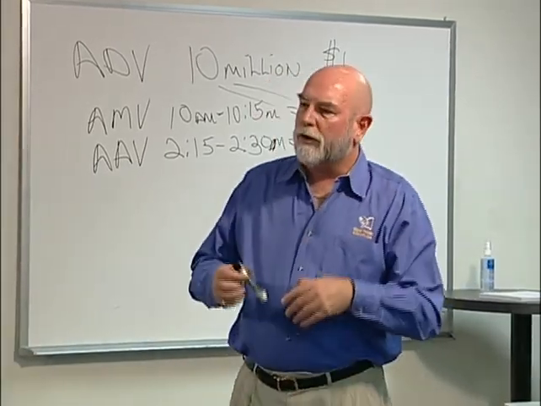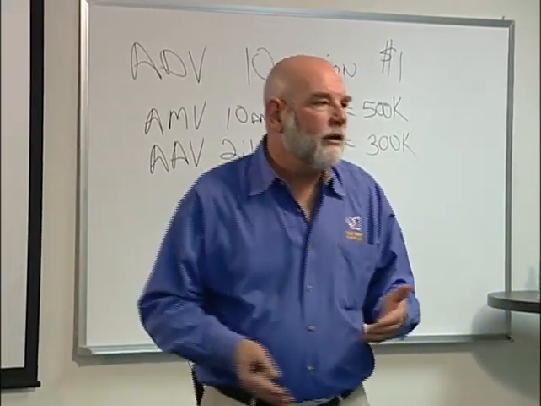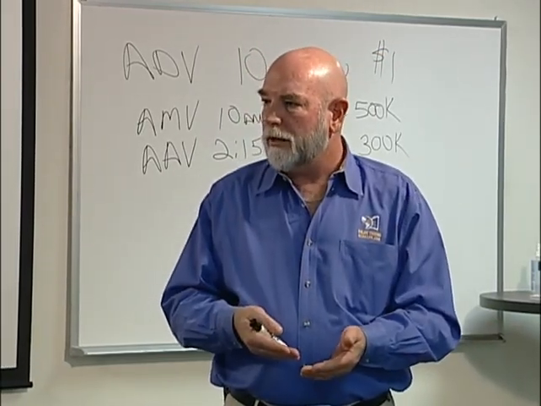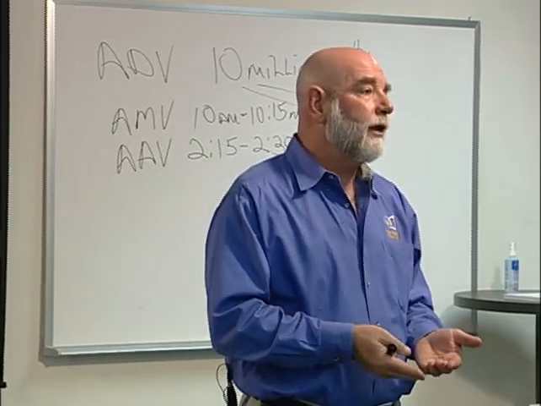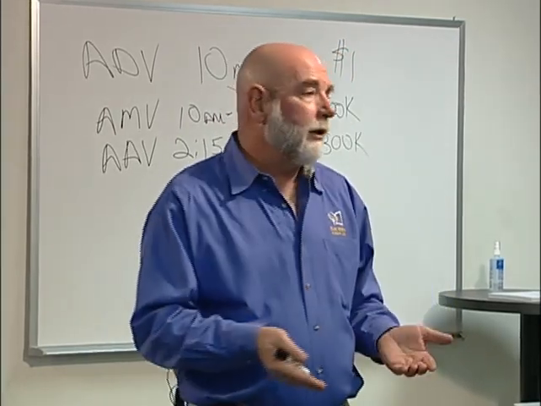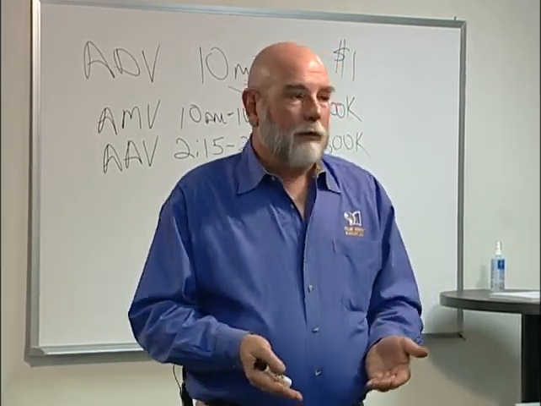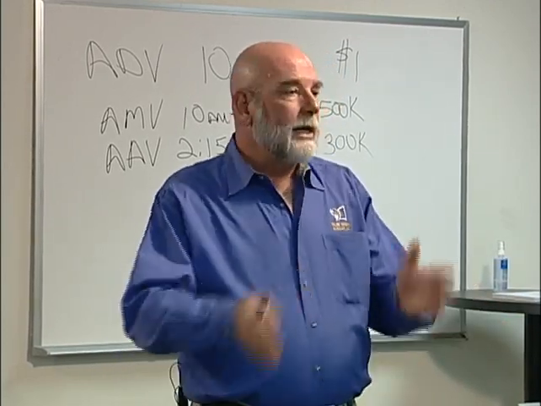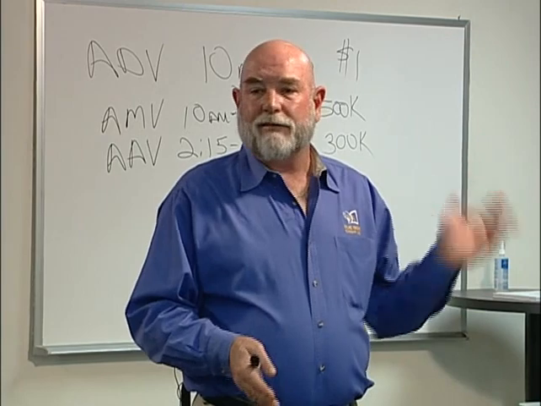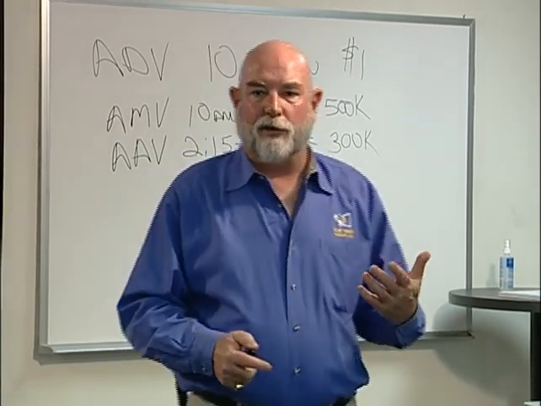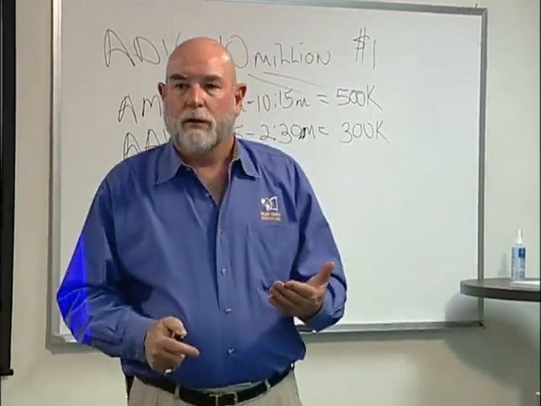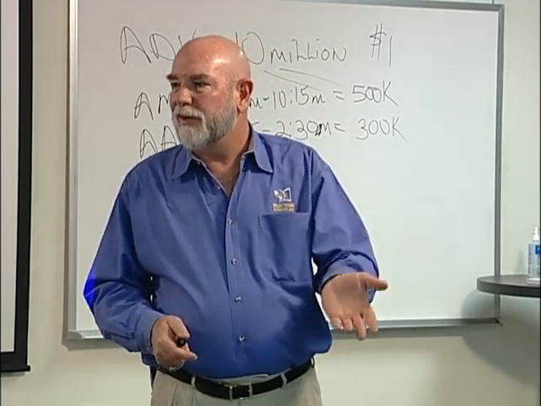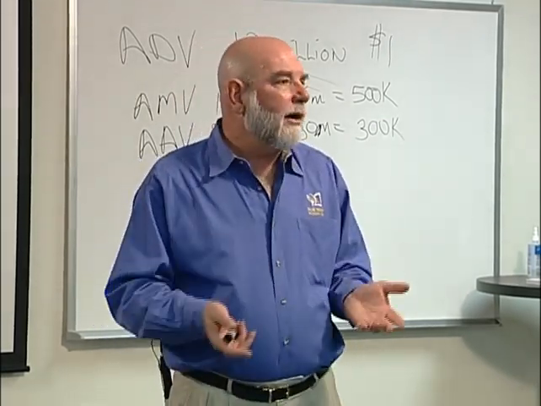So now if we start to build this up over time, we see that 10 million is equal to 500,000 in the morning, which is equal to 300,000 in the afternoon, which is equal to 10 million at the end of the day. So again, I can now go out, mow the lawn, come back in, take its temperature, and I see it's running 100,000 in my afternoon. Well, I'm going to go play golf, because there's not going to be very much horsepower left in the market to move my price.